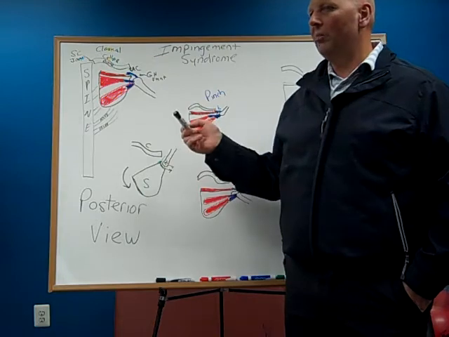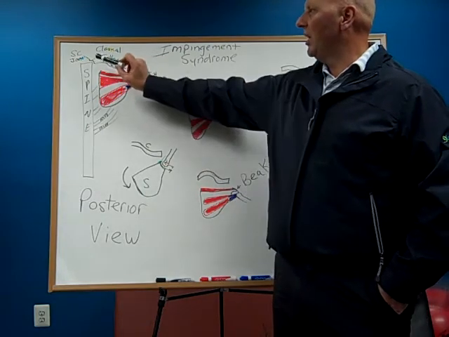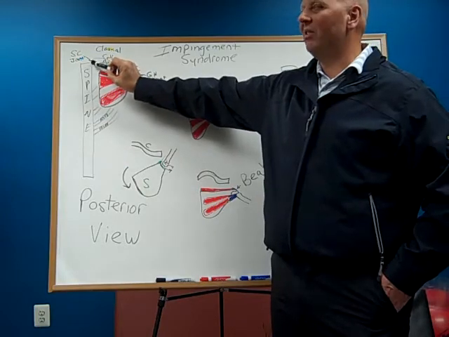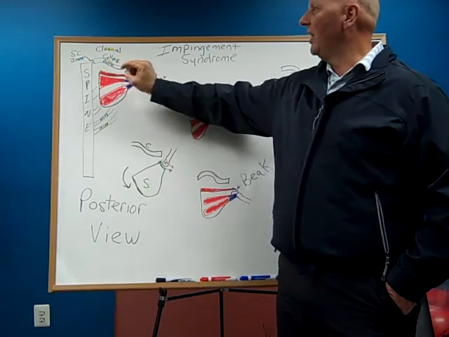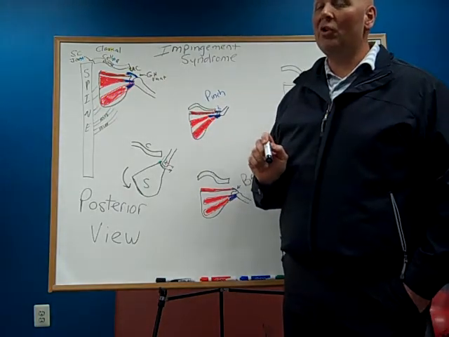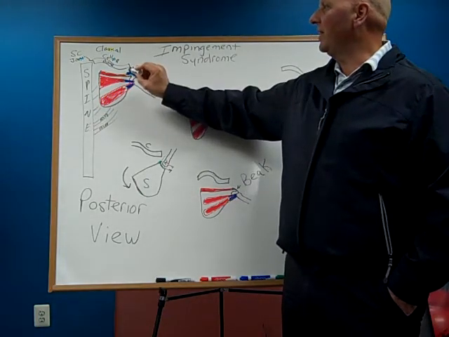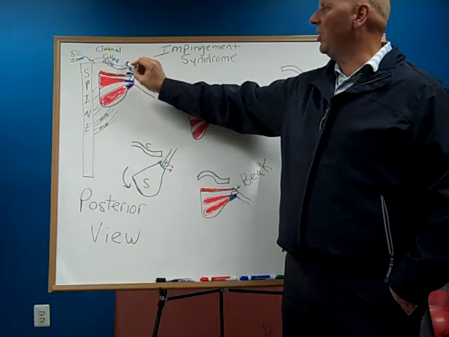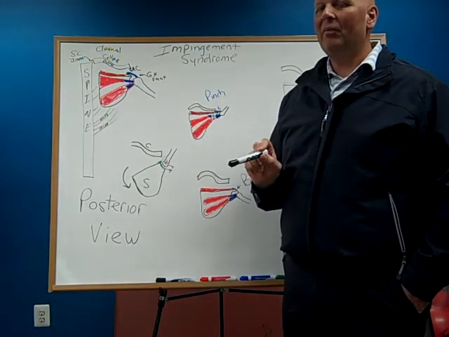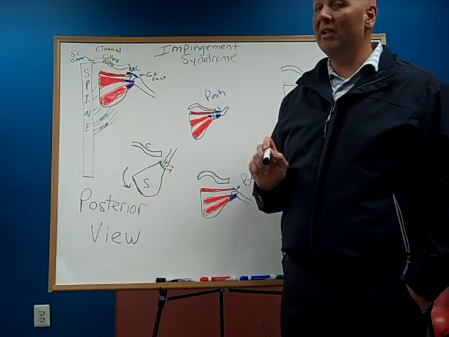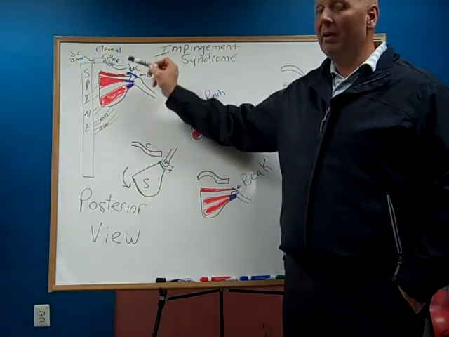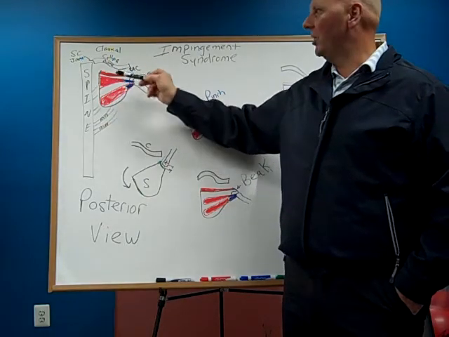Let's just do a little bit of reference with the joints. Up by the sternum in the front, which you can't see here, and the clavicle is the sternoclavicular joint. And then you have your AC joint. When someone says they've had a separated shoulder, they're talking about the ligaments that connect the end of the collarbone, or the clavicle, to the end of the scapula. When those ligaments become torn, and the collarbone is able to ride up high, that's called a shoulder separation.